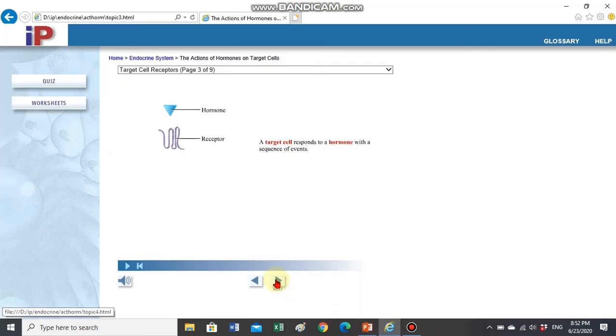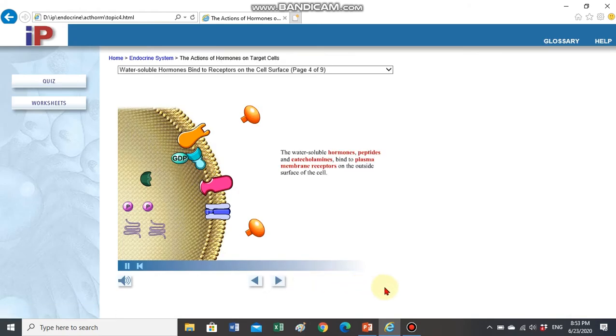The water-soluble hormones, peptides, and catecholamines bind to plasma membrane receptors on the outside surface of the cell. There are several categories of plasma membrane receptors, including receptors that activate G proteins and receptors with protein kinase activity.